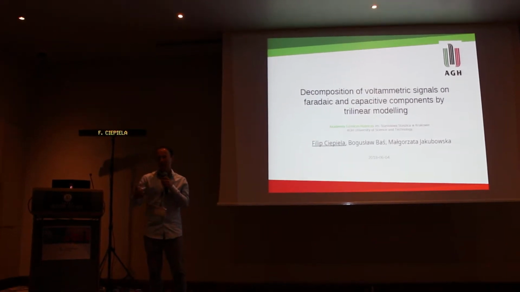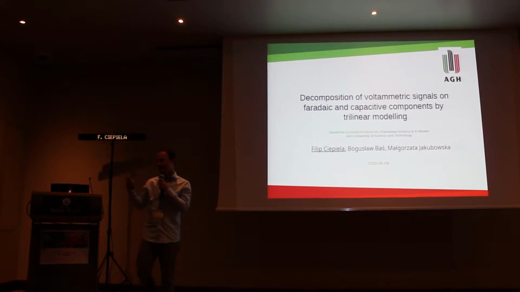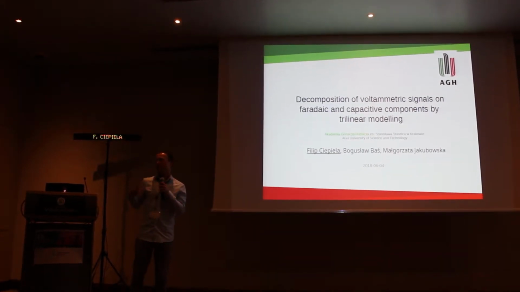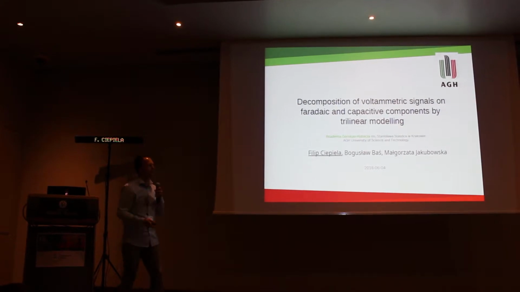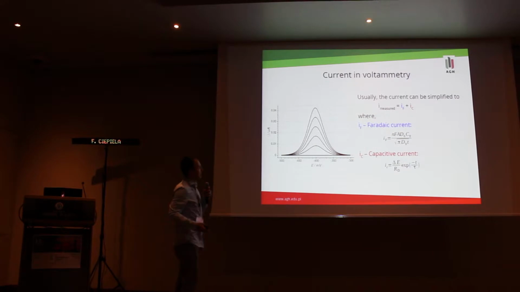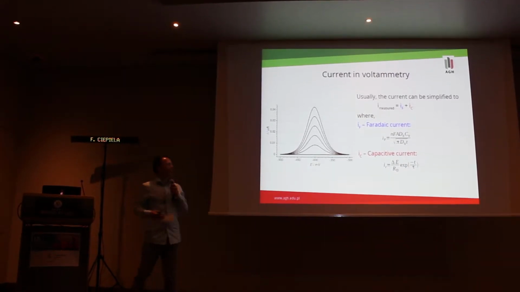At the very beginning, I would like to apologize to you because I will start with some very basic things about voltammetry, but I need this to introduce what we are actually doing and how we do this decomposition. So first of all, this kind of plot everyone would like to get if doing any measurements in voltammetry.